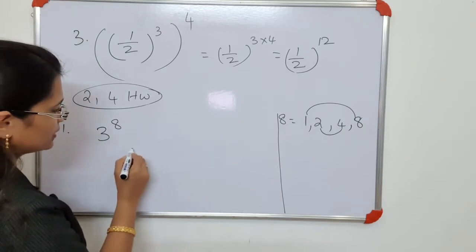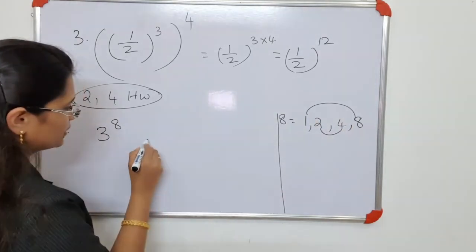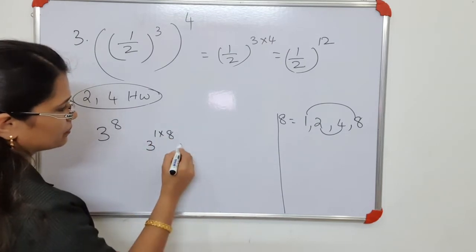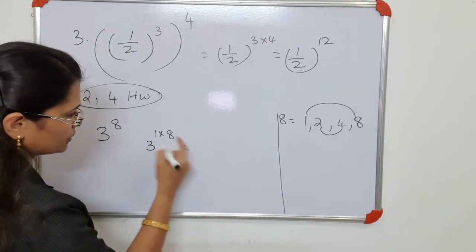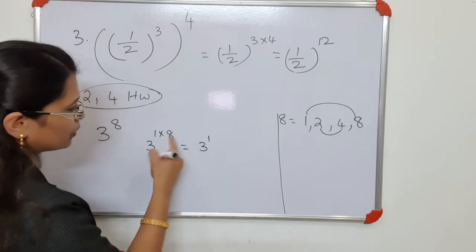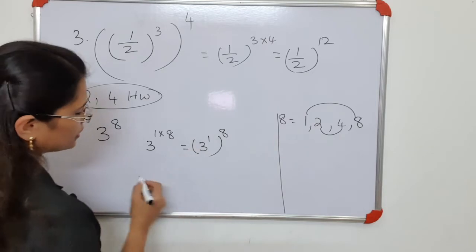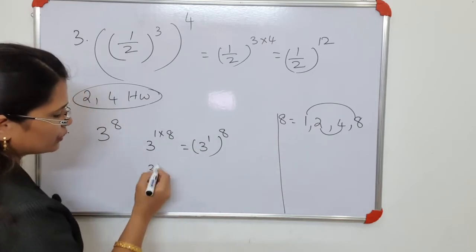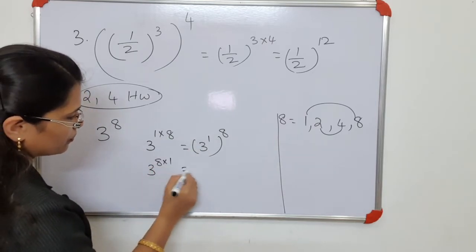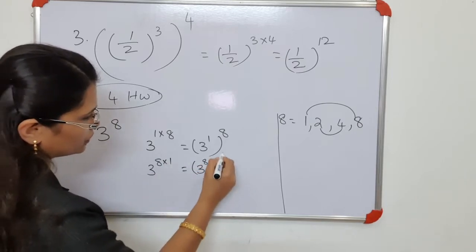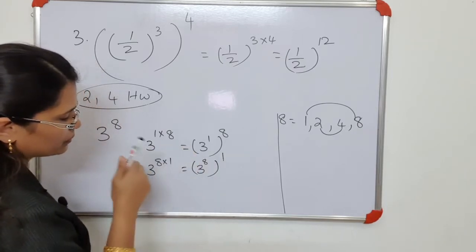How can we write this? 3 raised to 1 into 8 is equal to (3 raised to 1) whole raised to 8, how many times? 8 times. Okay. Then 3 raised to 8 into 1, reverse this, is equal to (3 raised to 8) whole raised to 1, how many times? 1 time.